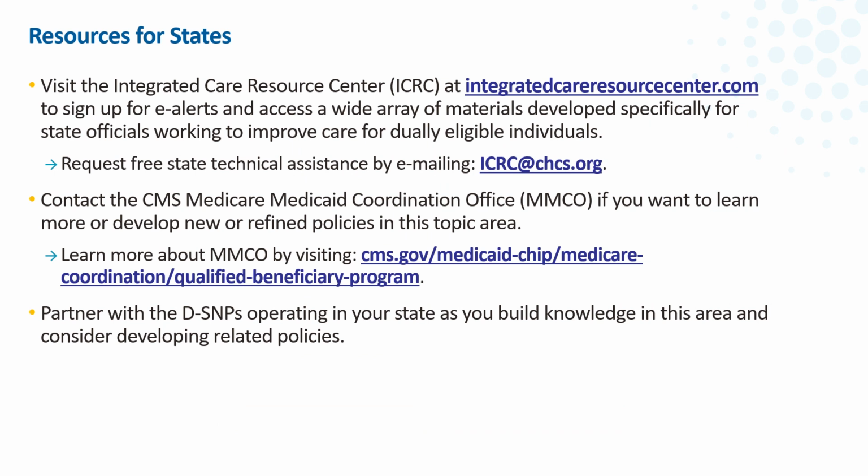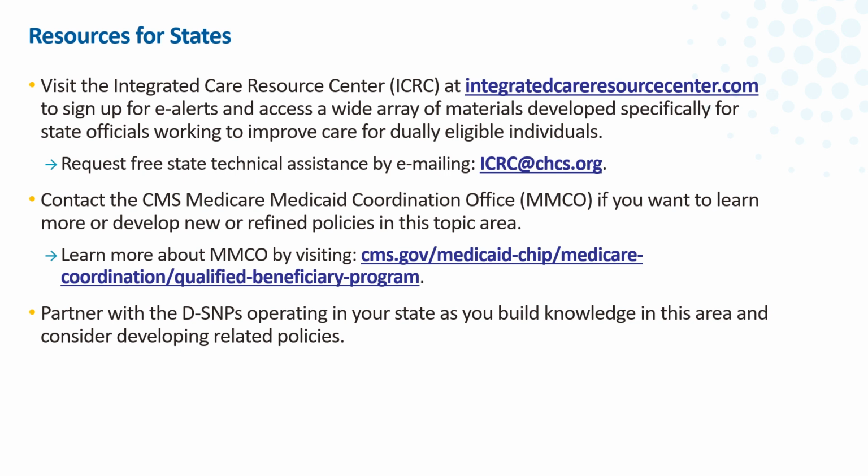There are a number of resources available to states working to integrate care for dually eligible individuals. States can visit the Integrated Care Resource Center at integratedcareresourcecenter.com to sign up for e-alerts and access a wide array of materials developed specifically for state officials working to improve care for dually eligible individuals. States can request free technical assistance through the Integrated Care Resource Center by emailing icrc@chcs.org.